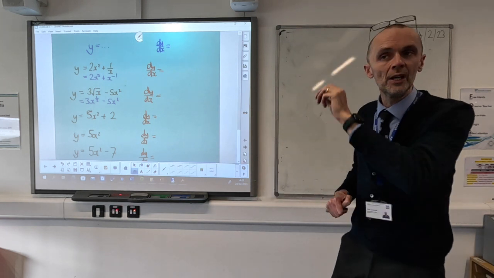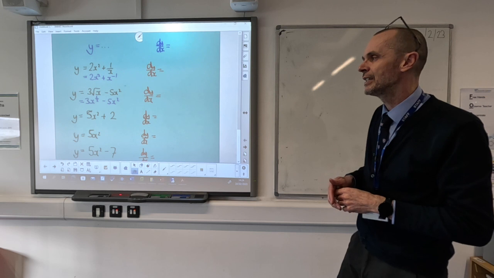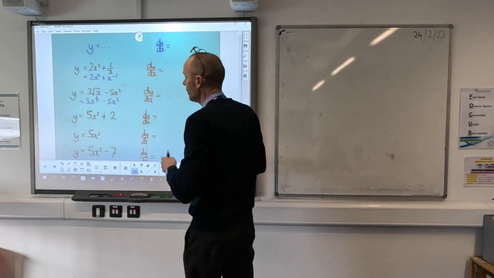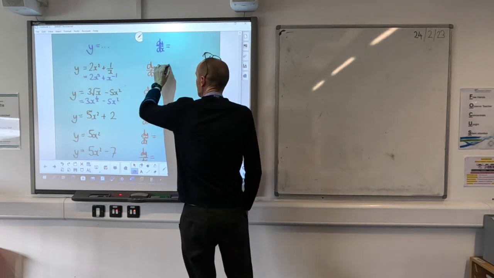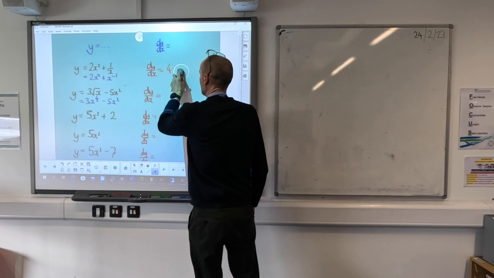Then I can multiply by the power, reduce the power by 1. Similarly, I can't differentiate the square root of x until I've written it as x to the half.